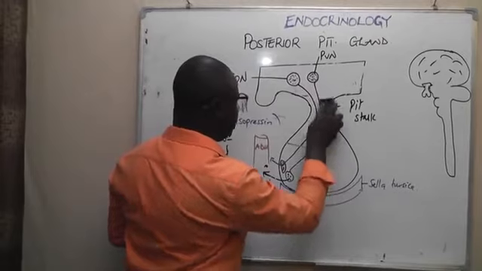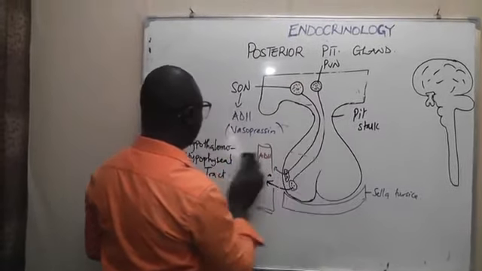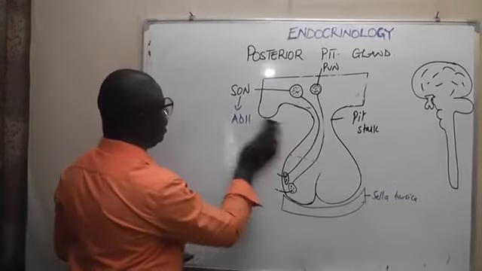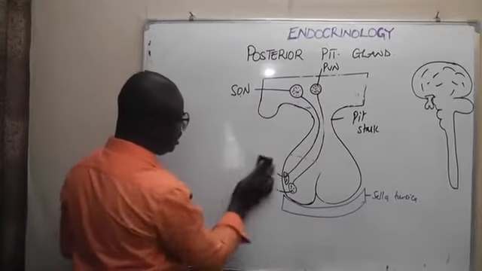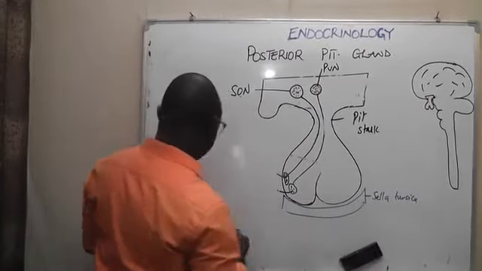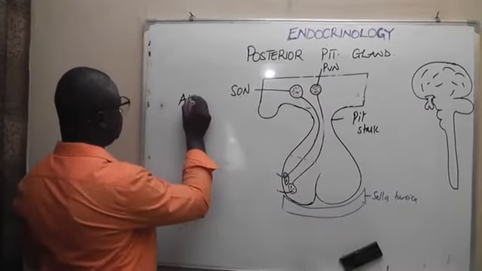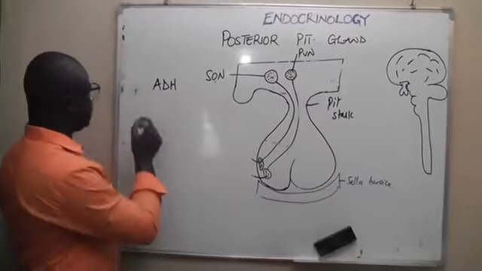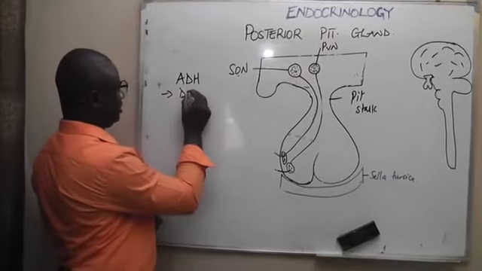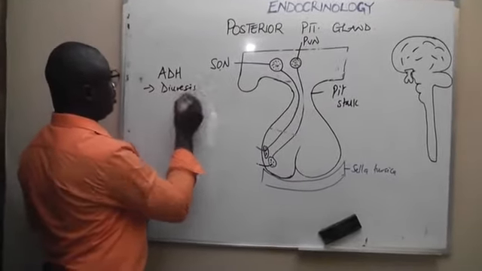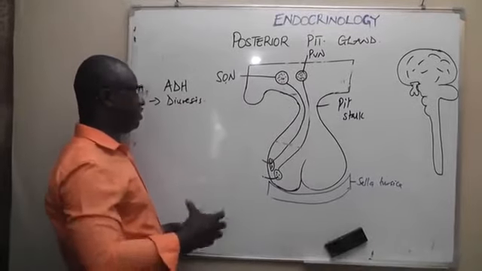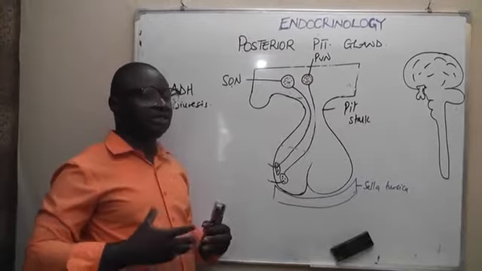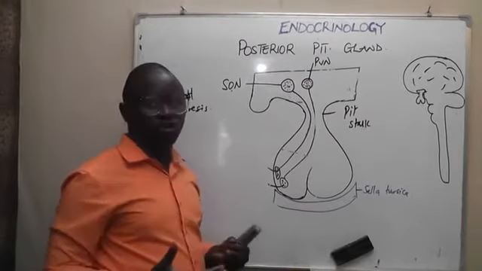Now let's look at each of these hormones and at the stimulating factor for them. We'll start with ADH, anti-diuretic hormone. But before we go into ADH, let's look at the word diuresis. Diuresis is a process, or any chemical, that causes increased production of urine.